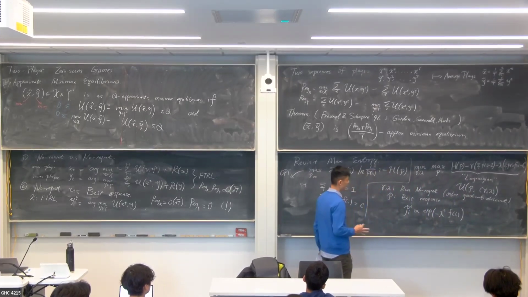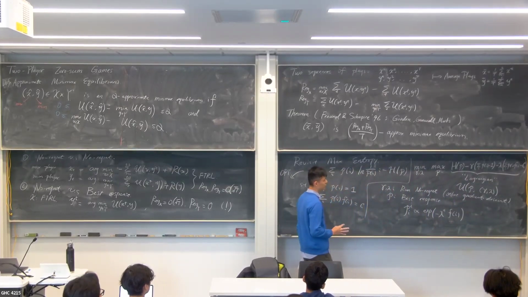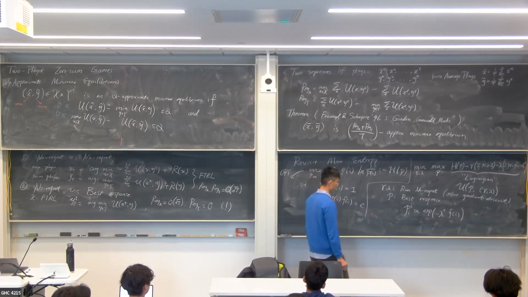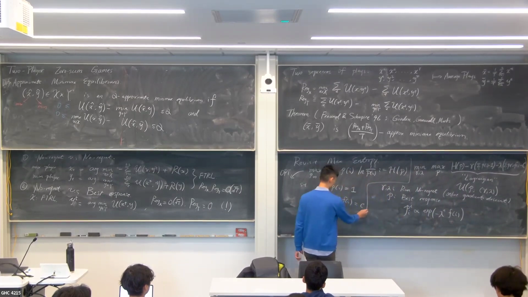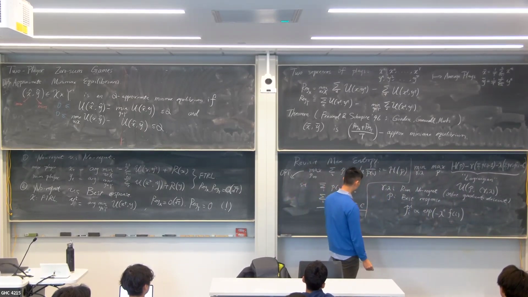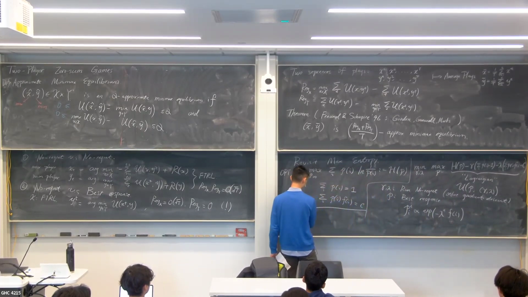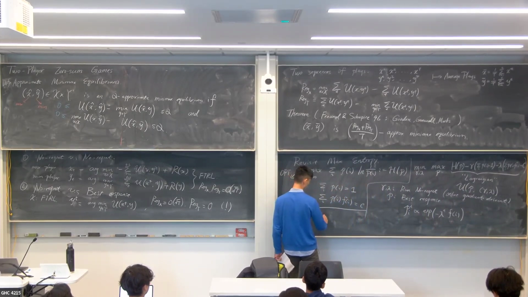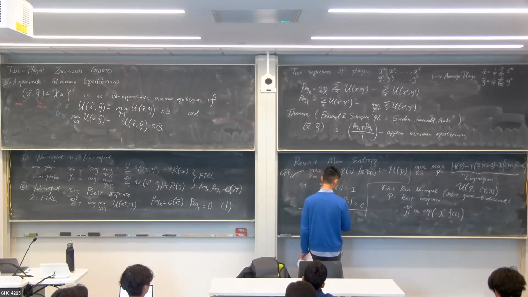So how you solve this happens to correspond to some sort of repeated gameplay, and eventually you will converge to some sort of equilibrium. Let's say this is the exact equilibrium.